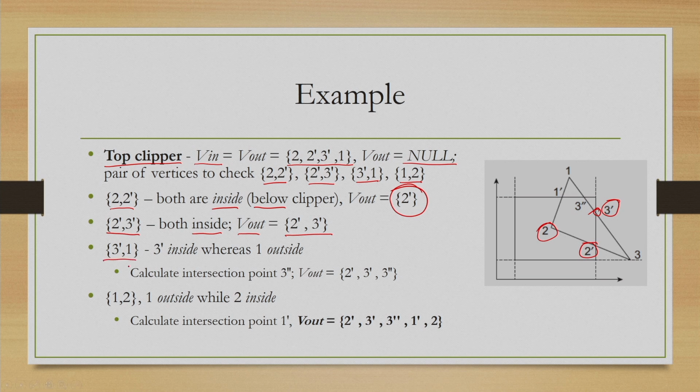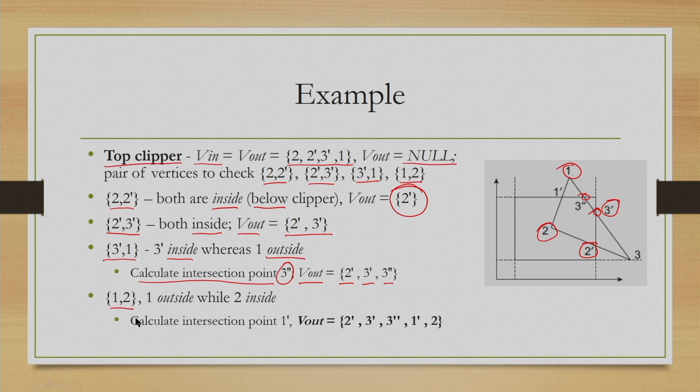Then we check 3 dash 1. In this case we see that 3 dash is inside whereas 1 is outside. Then we calculate the intersection point 3 double dash here and modify our output list to be 2 dash, 3 dash and 3 double dash.